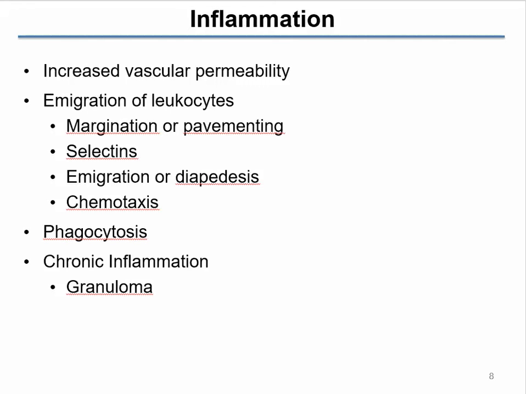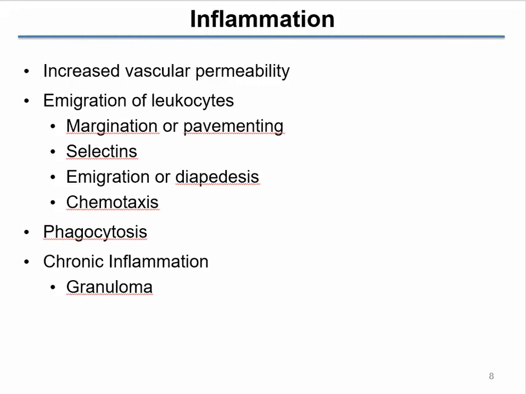Now, the margination of the leukocytes is basically the leukocytes going to the edge of the blood vessel, the edge of the capillary, coming in contact with the endothelium, and sticking there and staying there, not being washed away quite as readily. So it's a buildup of these white blood cells.